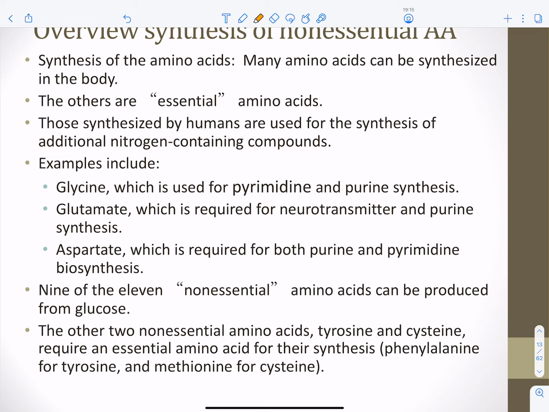Most of our non-essentials can be made from glucose. Two non-essentials cannot because they depend on essential amino acids. The two non-essential amino acids that cannot be made from glucose are tyrosine and cysteine. Those come from essential amino acids, phenylalanine and methionine, respectively.